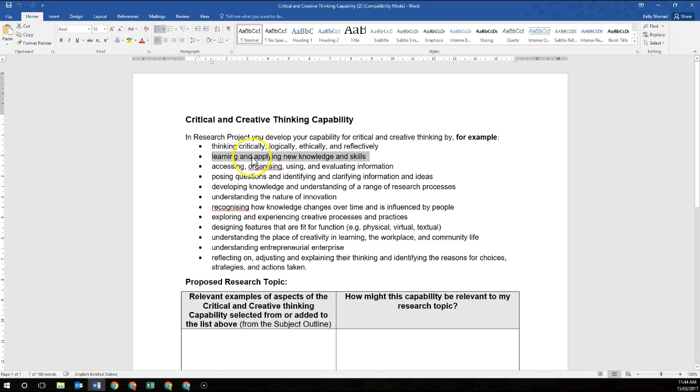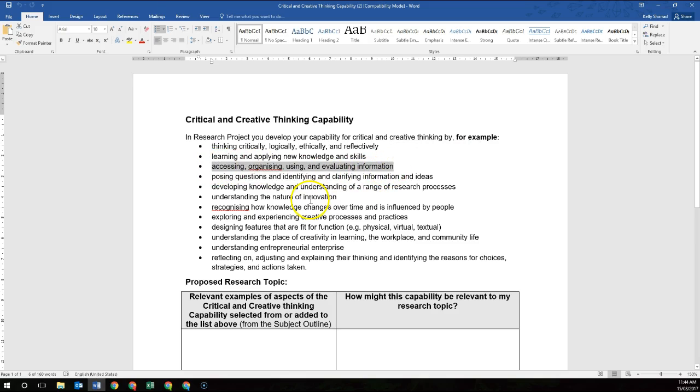You might also then say that I plan to develop my ability to apply new skills by saying that I'm going to be learning about how to use online databases and apply that new skill to research my topic in different areas to hopefully find more information.